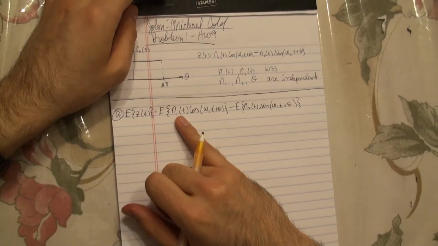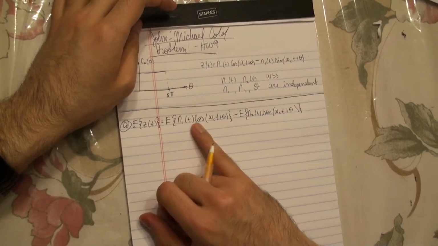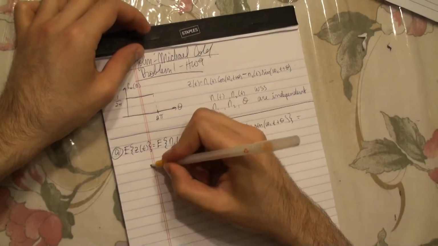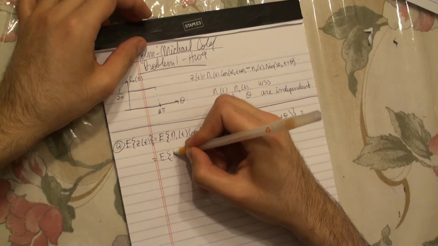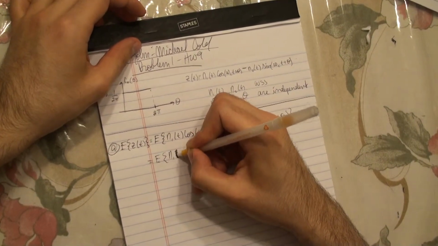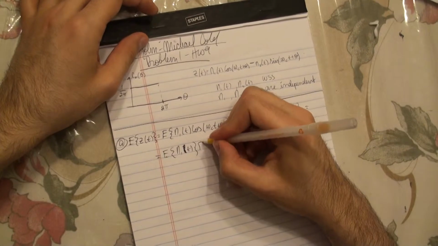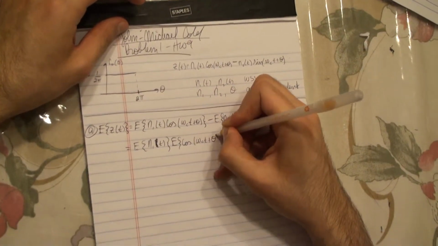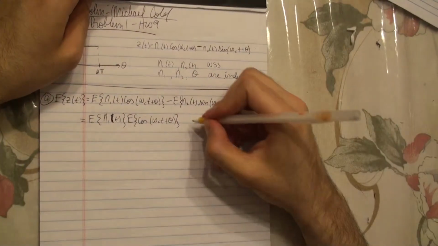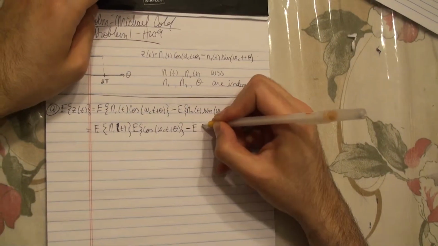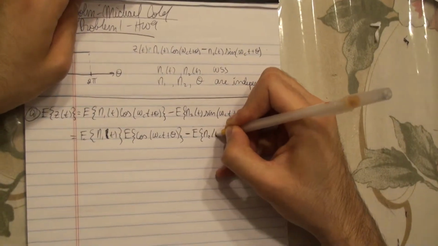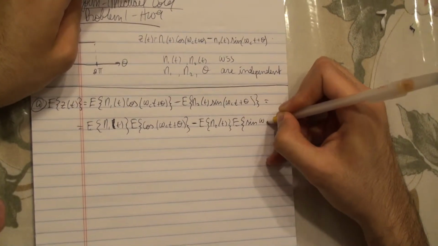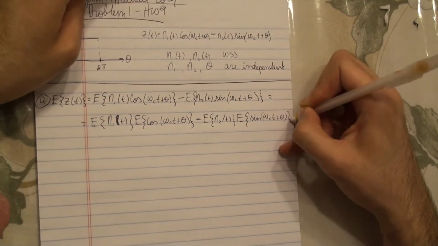Now, because this is independent of theta and this is independent of n1, I could separate these two guys. And the same thing here. So I could write expected value of n1 of t times the expected value of cosine of omega ct plus theta minus expected value of n2t times expected value of sine omega ct plus theta.